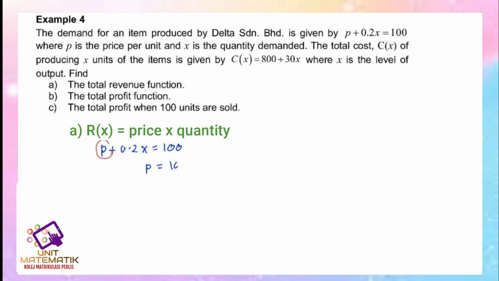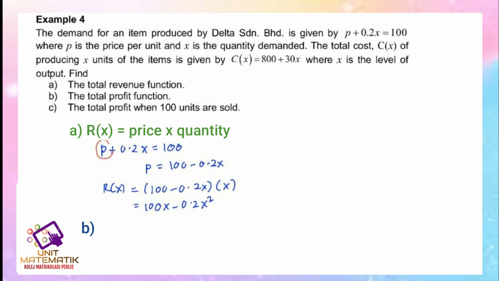P equals 100 − 0.2x. This is your price function. Let's proceed to the revenue. So your R(x) equals the price function, 100 − 0.2x, multiplied by your quantity, x. Expand the terms: 100x − 0.2x², for the revenue function.